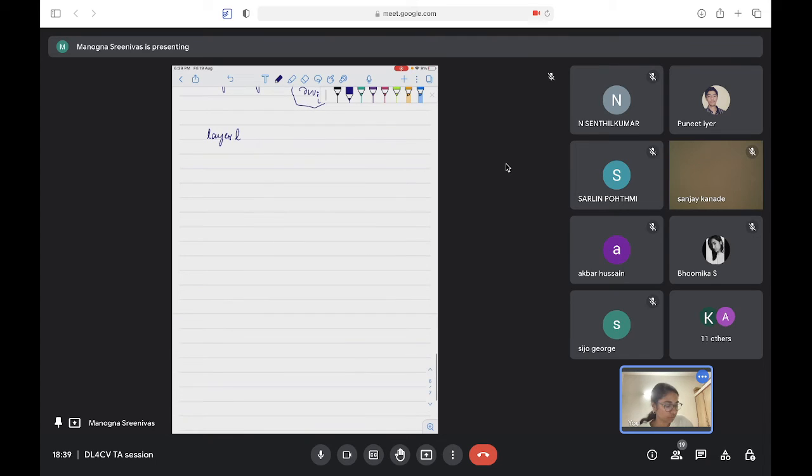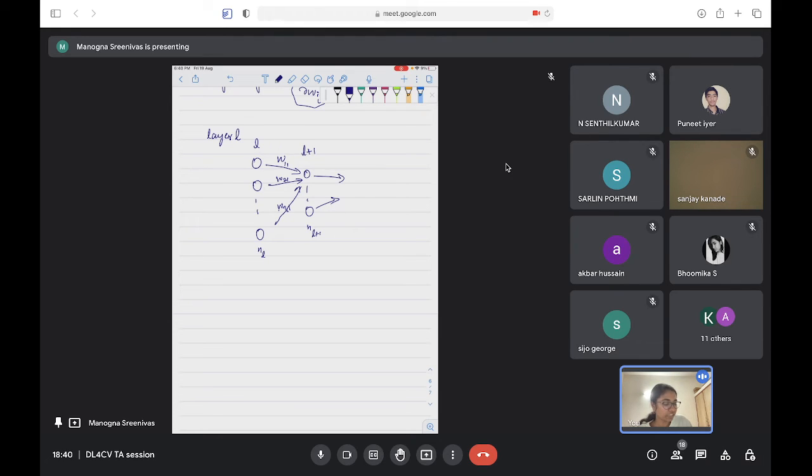Okay, let me draw this. Say this is layer L, and these are my neurons in layer L plus 1. Say here I have NL nodes and here I have NL plus 1 nodes. So this is W NL to the first node, right? And this will further go ahead.